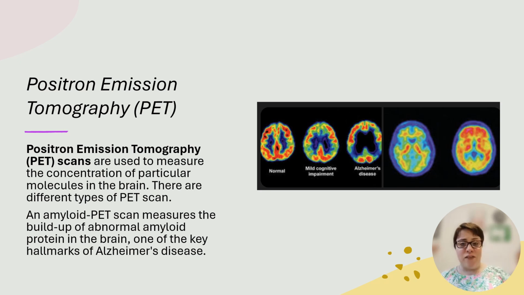So PET scans use complex measurements to determine which areas of the brain are emitting more radioactivity. Those areas that are more radioactive are associated with whatever cognitive task the volunteer is engaging in.